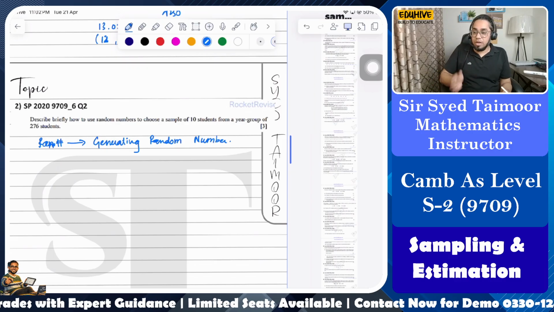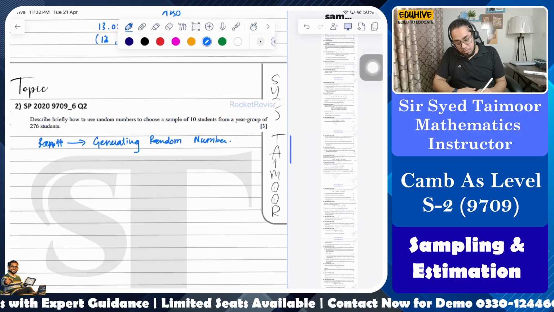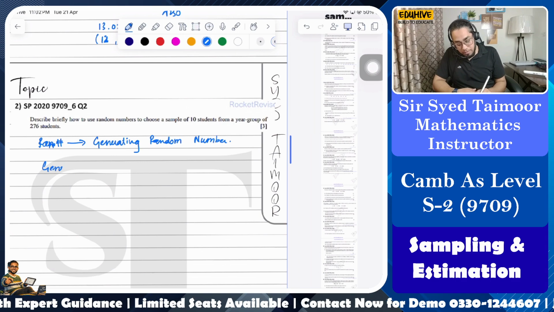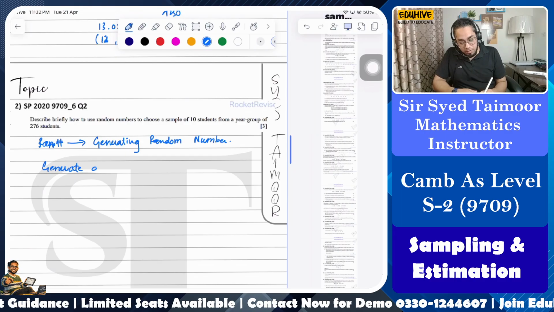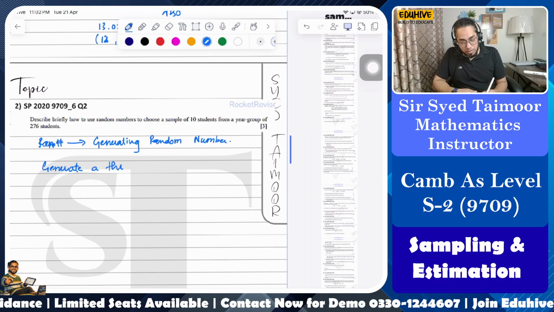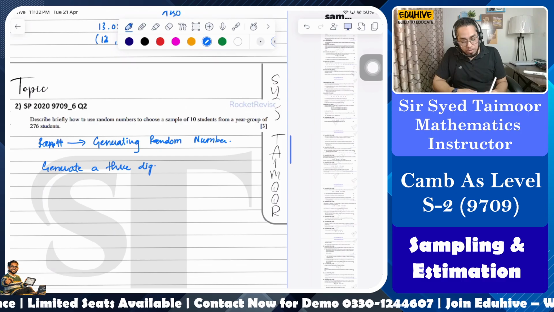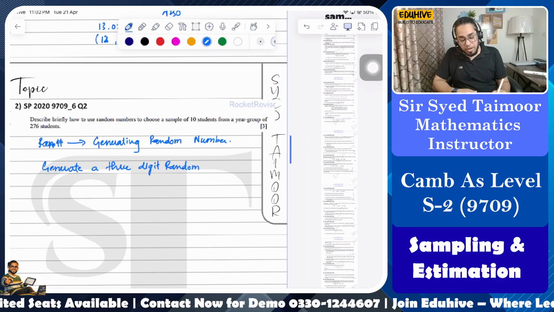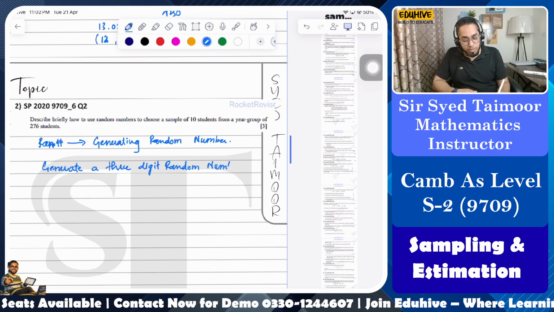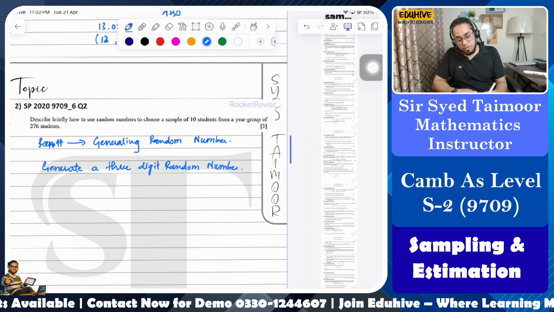So now what do I need to write? Generate a 3-digit random number.